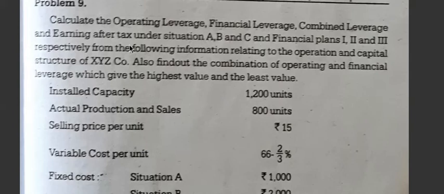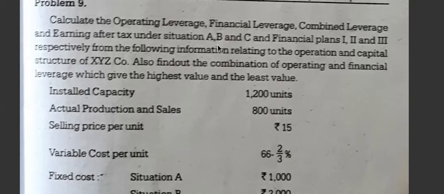EAT minus preference dividend gives you the surplus profit. This is the format to calculate the surplus profit, and in it you will get EBIT, EBT, EAT, etc. So we have to prepare the income statement and find out the EAT.